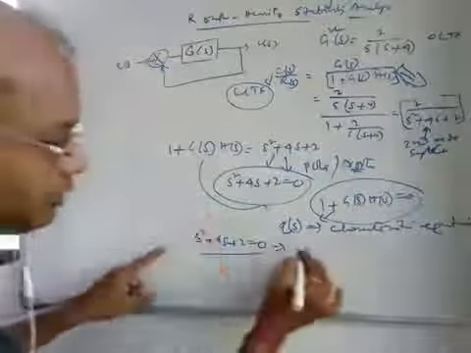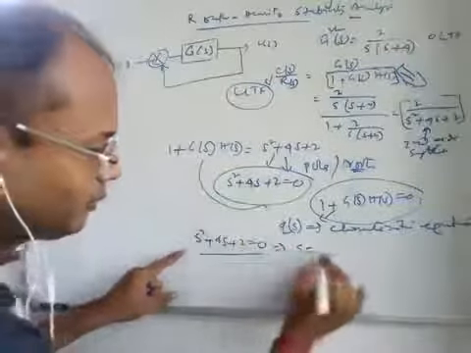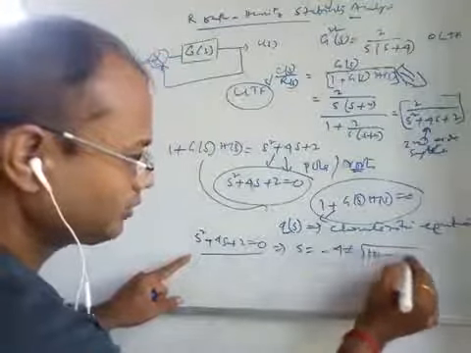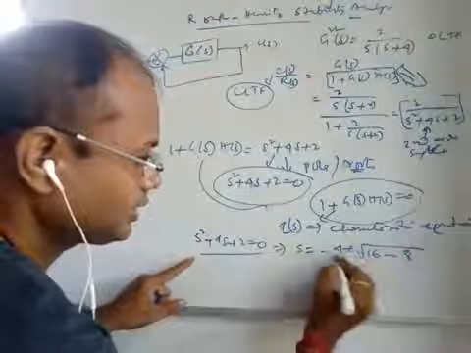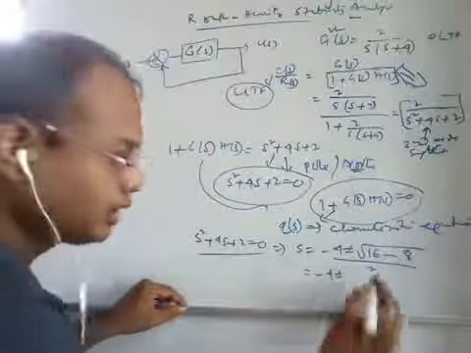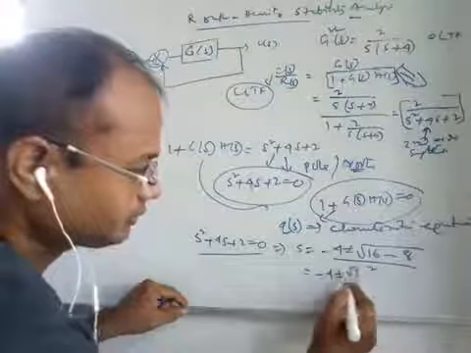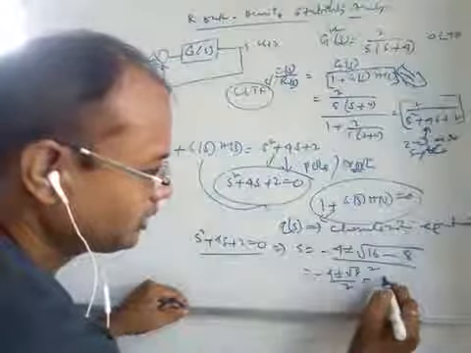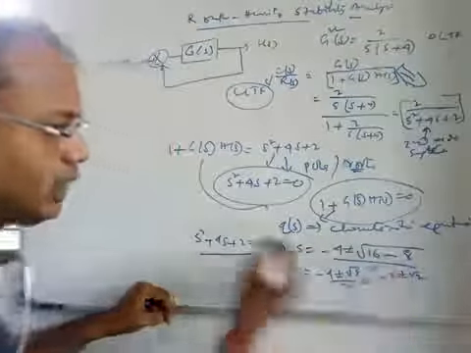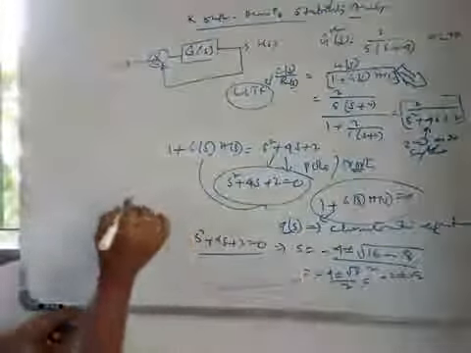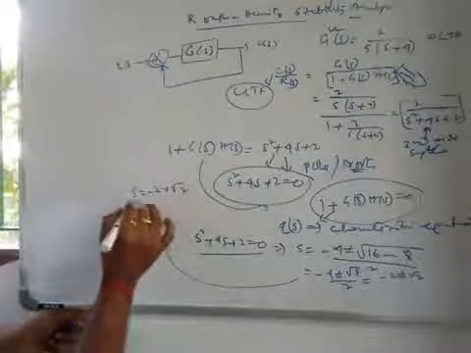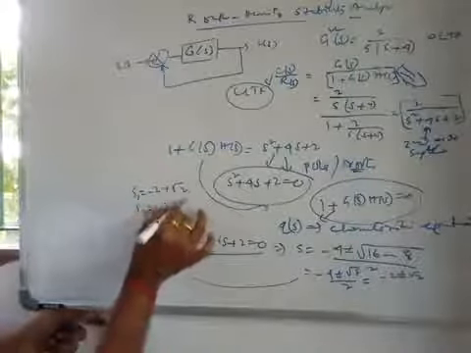If you solve it using the Sridhar Acharya formula, what do you get? Minus 4 plus minus the root of 4 squared, 16, minus 8, that is b squared minus 4ac, by 2. So we get minus 4 plus minus root 8 by 2. That means minus 2 plus minus root 2. So one pole is at s equal to minus 2 plus root 2, and the other pole is at minus 2 minus root 2.